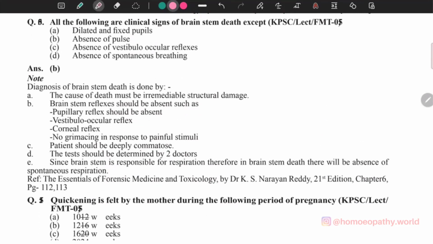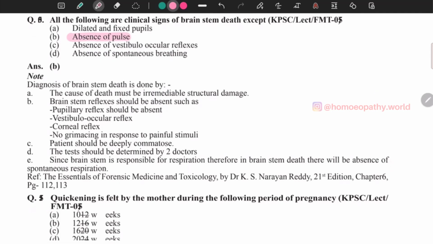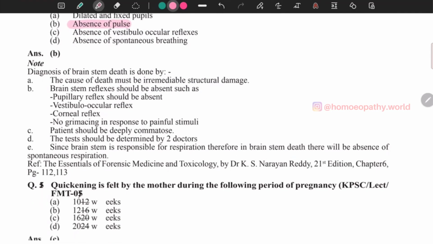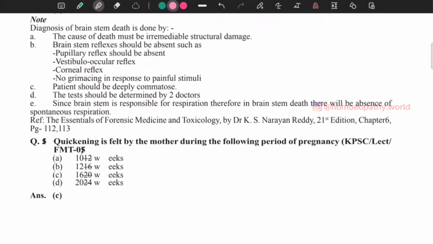Next, or 50th question is, all the following are signs of brainstem death except A. Dilated and fixed pupils, B. Absence of pulse, C. Absence of vestibulo-ocular reflexes, and D. Absence of spontaneous breathing. The answer is absence of pulse indicates nothing. Okay. Rest all are the signs of brainstem death.